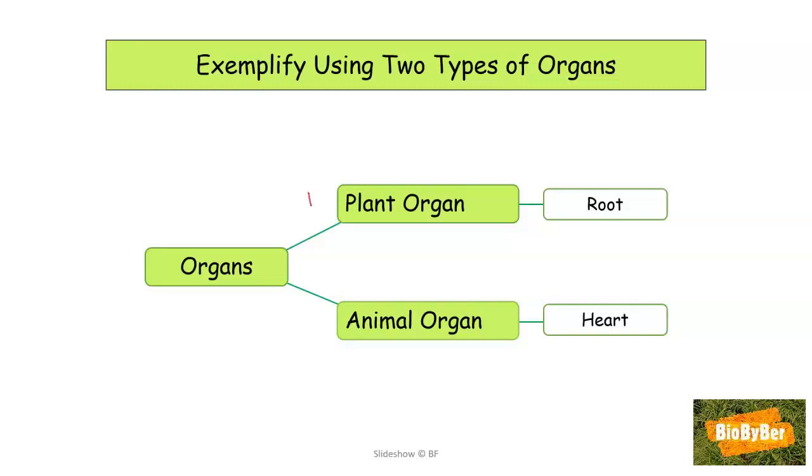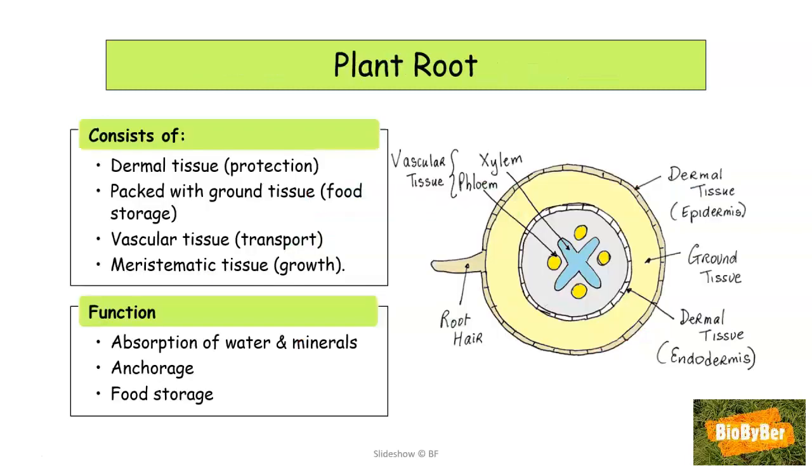We have to first of all use a plant organ to exemplify the definition of an organ, and in this case I'm going to use the example of a root. Secondly, we have to use an animal organ, and in this video I'm going to use the example of a heart. So let's look at a plant root.